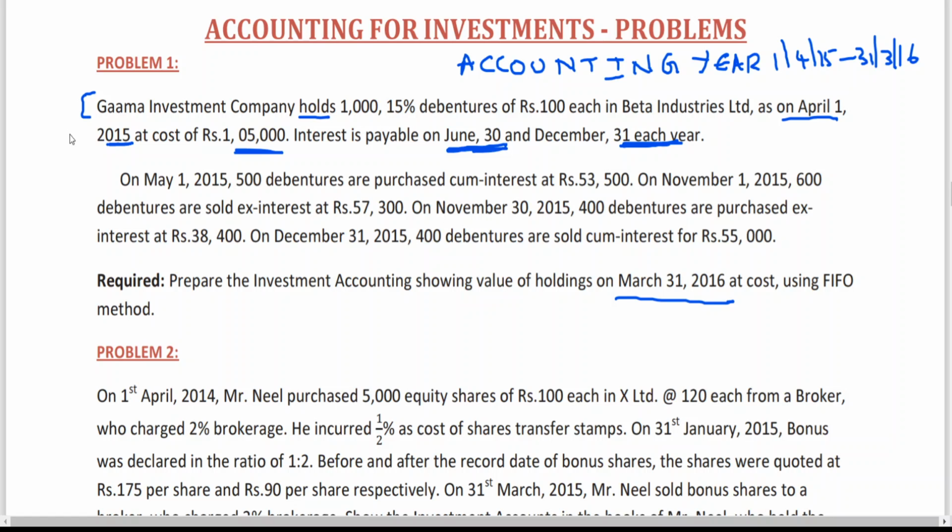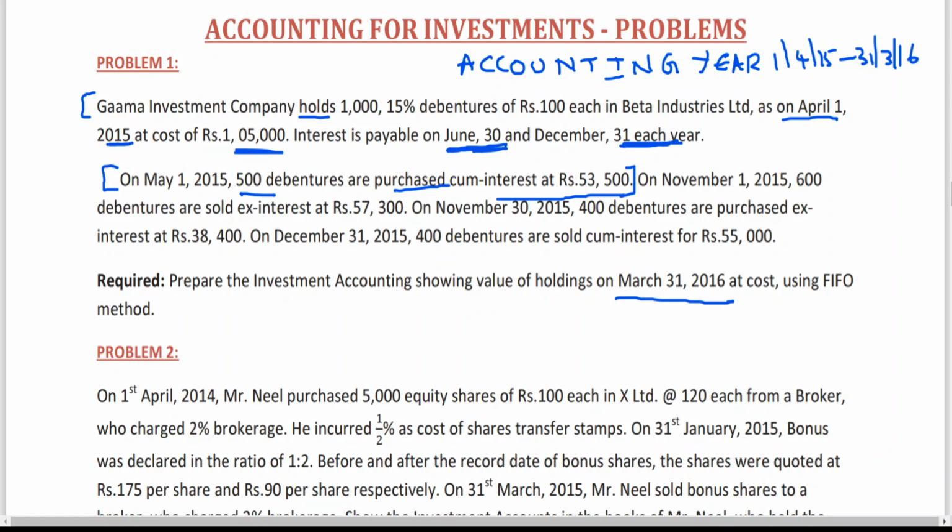Now let us see. On 1st May 2015, 500 debentures are purchased cum interest at 53,500. This is another paragraph. On 1st May 15, 500 debentures are purchased cum interest, 53,500. So 500 debentures purchased.